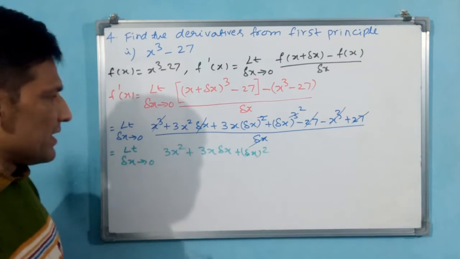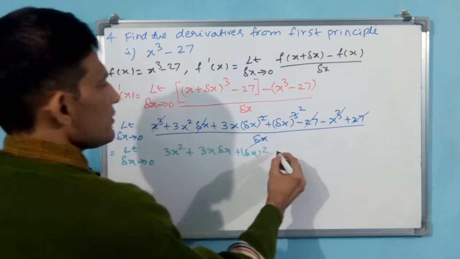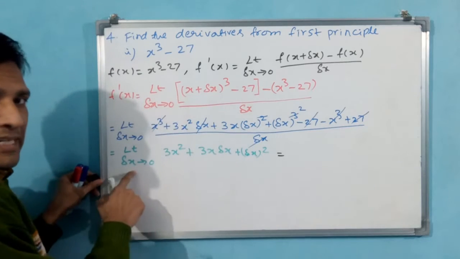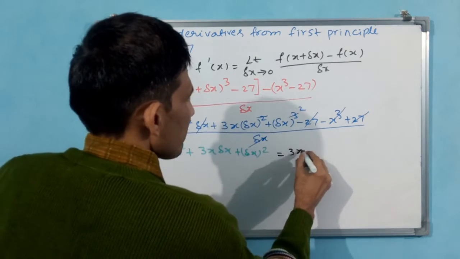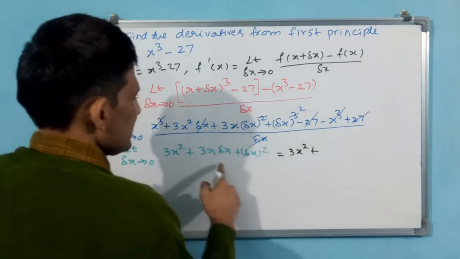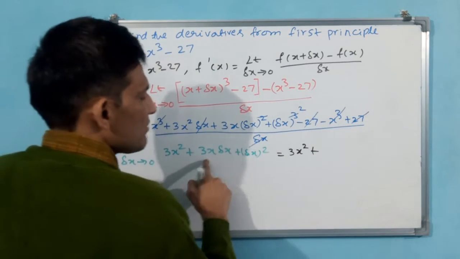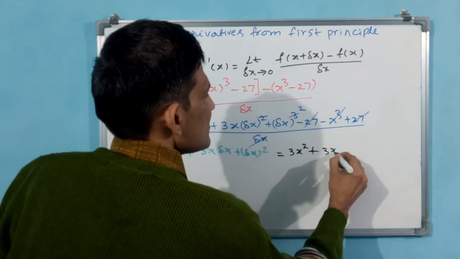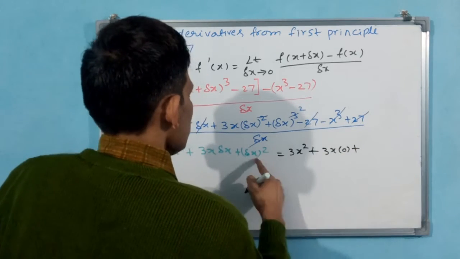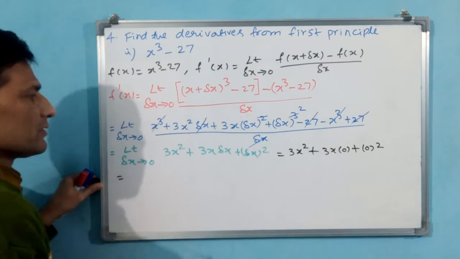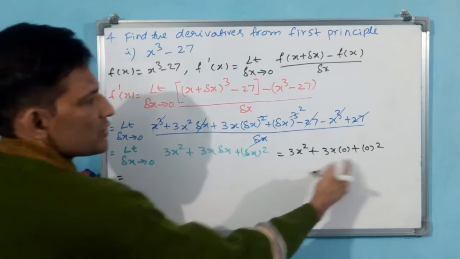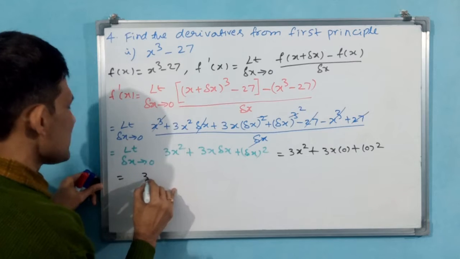Now you can apply the limit. Apply the limit, that means limit delta x tends to 0 will not be there. Why? Because we are applying the limit. 3x square plus, if you apply the limit, this is going to become 0: 3x into 0 plus 0 square. That is equal to, both are going to become 0. 3x square is the answer.